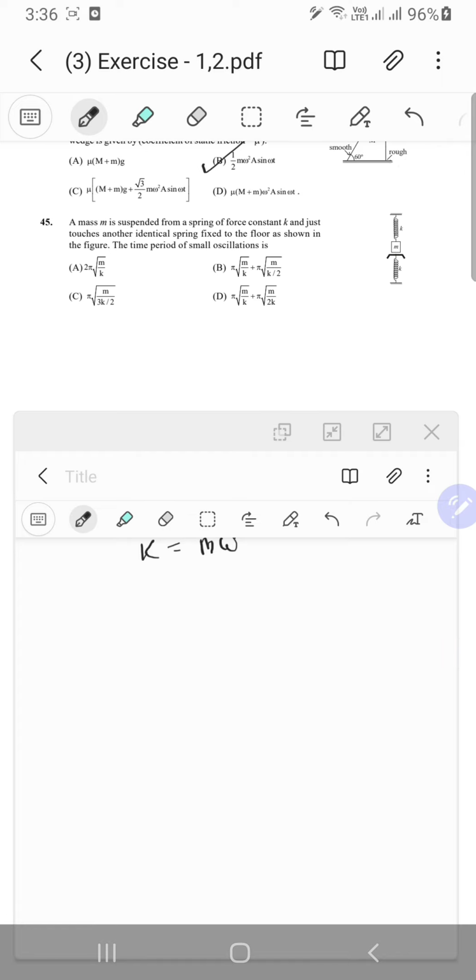So when it goes up, let me think. There's going to be this force and that force at the same time because they're in parallel. So for one half, it experiences more force than the other half.